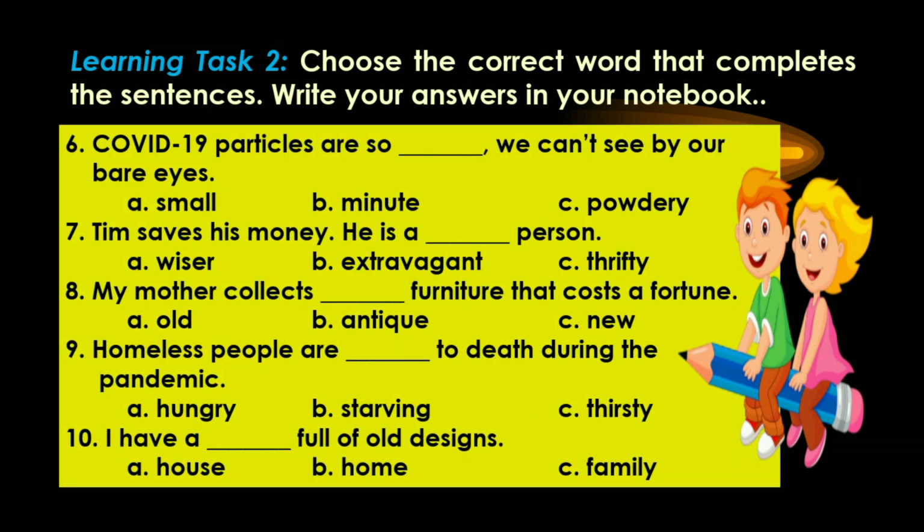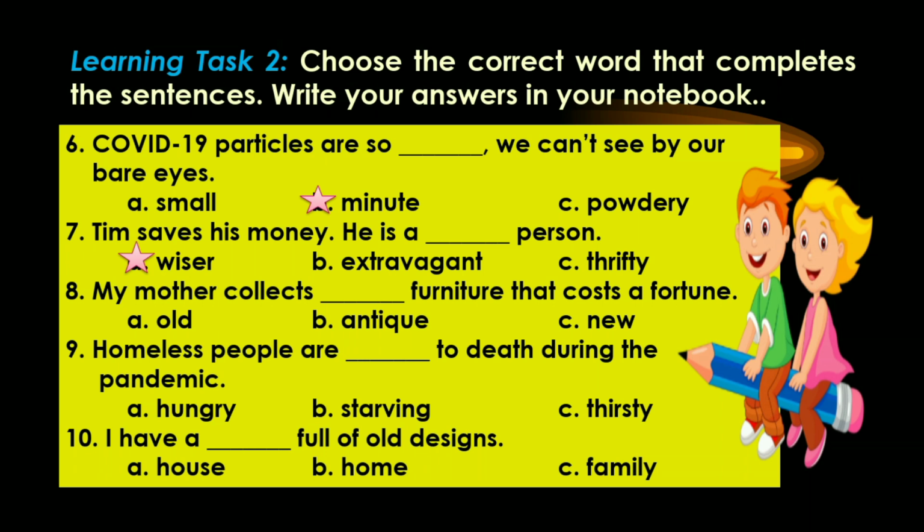6. COVID-19 particles are so blank we can't see by our bare eyes. Letter B. Minute. 7. Tim saves his money. He is a blank person. The answer is wiser. This should be wise since Tim is not being compared to another person. So he is a wise person. 8.